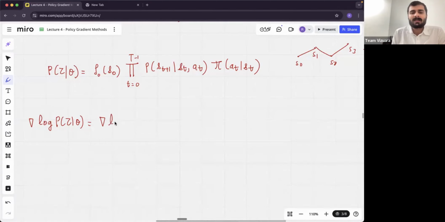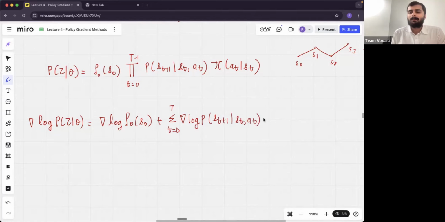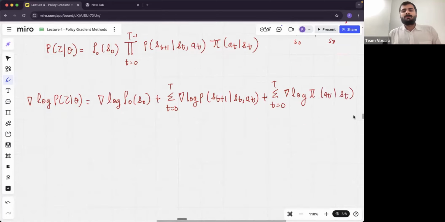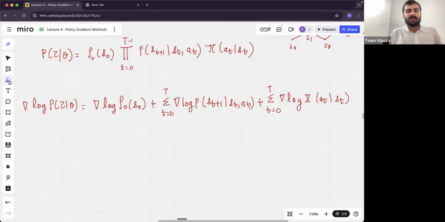So we write this as grad of log of rho 0 S0, plus the sum for t from 0 to T of grad of log p of st plus 1 given st comma at, plus the sum for t from 0 to T of grad of log pi of at given st. So we have simply divided the gradient into three terms.